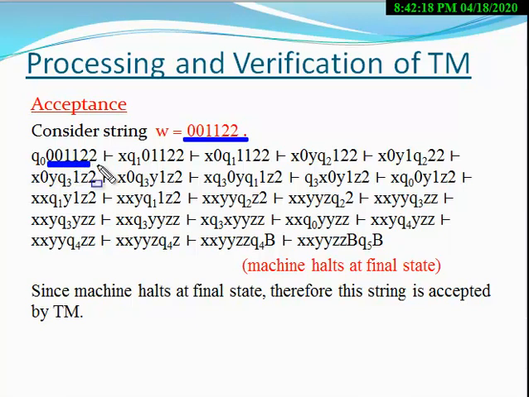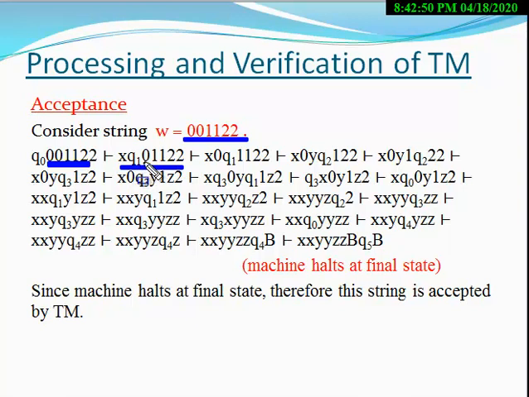According to the transition rule defined in the Turing machine, at state Q0, when the input symbol 0 appears, the machine changes its state to Q1, 0 is replaced by X, and the head moves in the right direction. Therefore, when you apply this transition rule, the next ID of the machine will be this.